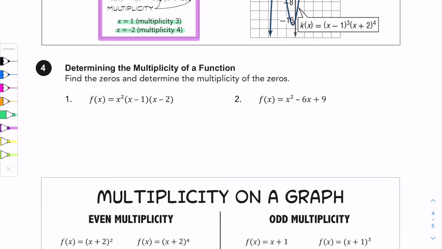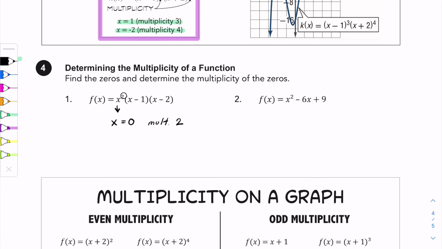All right, example set 4. Find the zeros and determine the multiplicity of each zero. Number 1 is already in factored form, so all I have to do is set each factor equal to 0. x squared is x equals 0. This factor happens 2 times, so we would say it has a multiplicity, I'm going to abbreviate this as mult, multiplicity of 2.